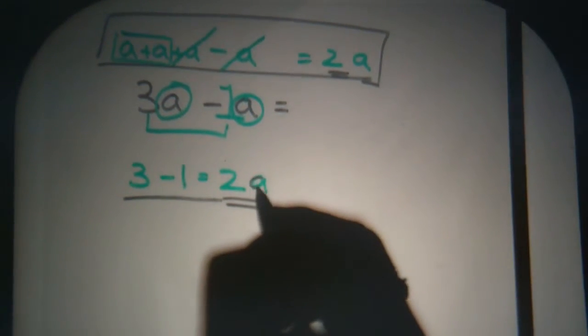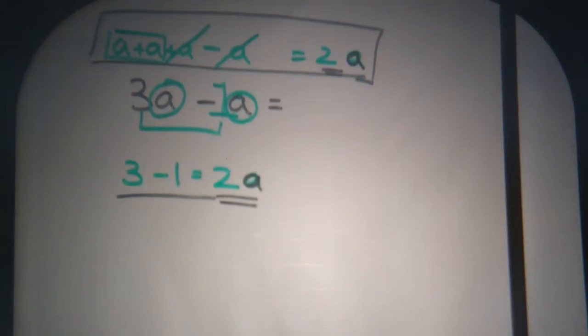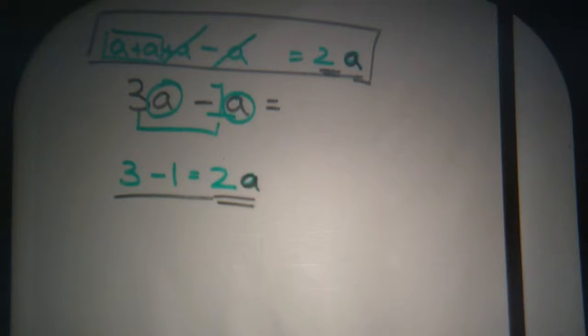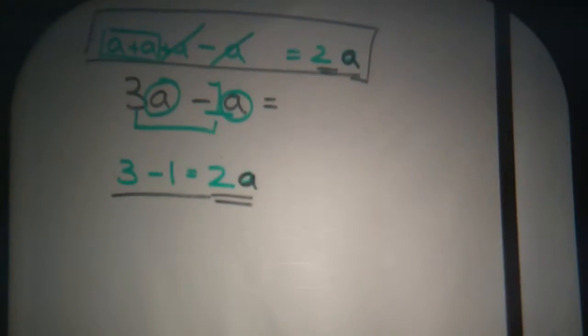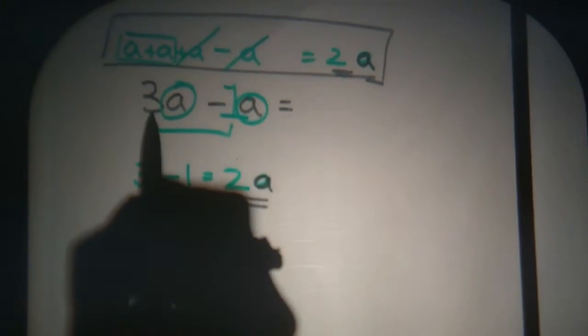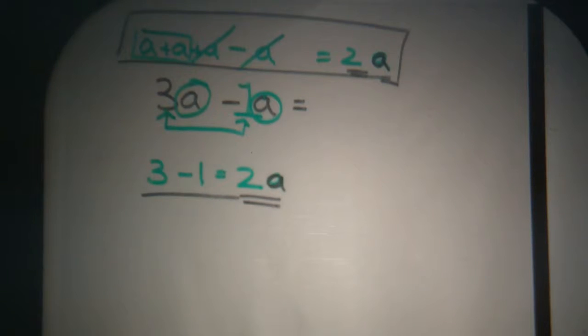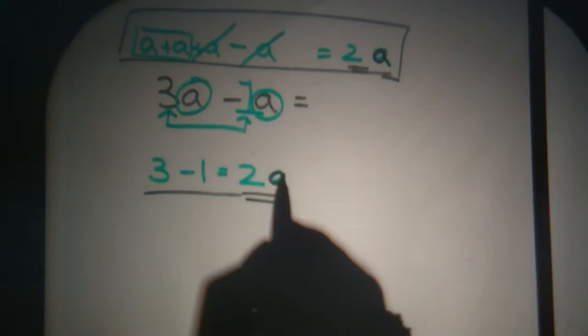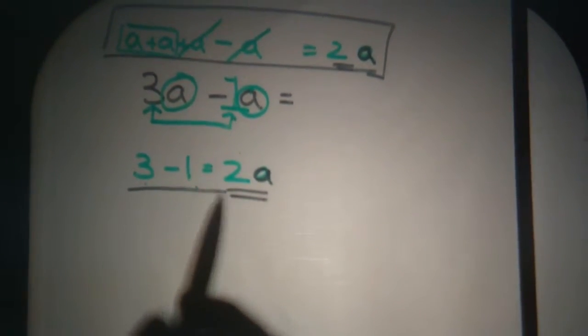So that's an A also, not a 9. So that's how we can work with our variables in subtraction. It's the same thing, just think of the regular coefficient in front of it. Don't get concerned about the A. Just think about the coefficient and break it down to a simple math problem, and then you can work with it.